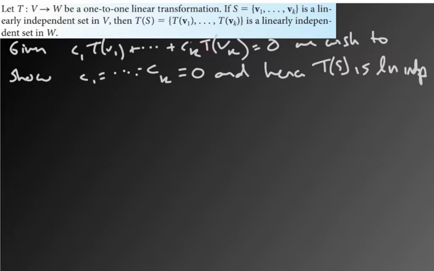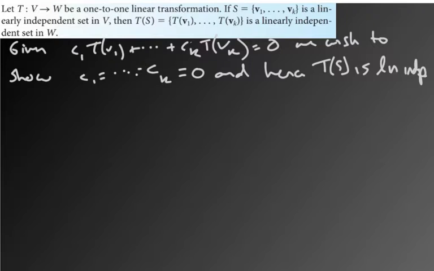That's the standard proof technique for showing linear independence: given the combination, you need to argue why the coefficients are equal to 0, and then you'll have that this set is linearly independent.